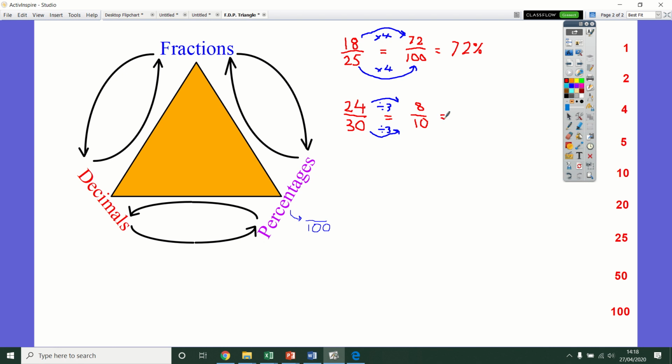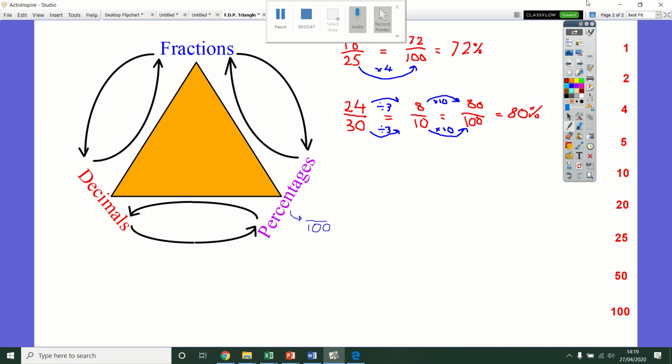So I can do one more step to this, I can get it out of 100, and the multiplier this time on the denominators is 10. So now I can go back up again, make my numbers bigger, times by 10, and times by 10. And now I've got 80 out of 100. So my percentage is 80%. Okay, so that's the conversion from fraction to a percentage.